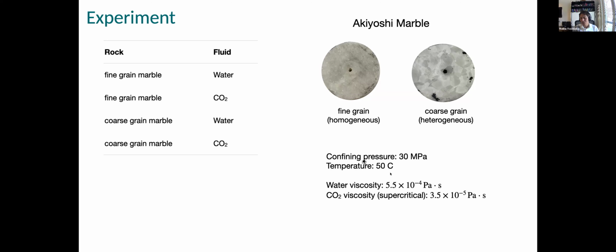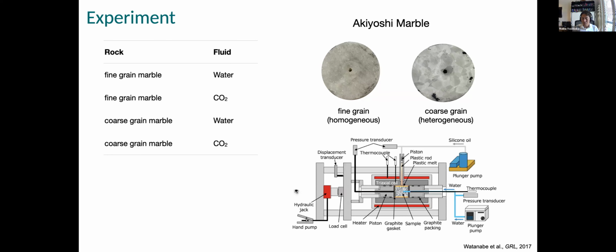At this condition, water viscosity is 5e-4 Pascal second, and CO2 viscosity is one order of magnitude smaller, 3.5e-5 Pascal second. So CO2 is already in the supercritical condition.